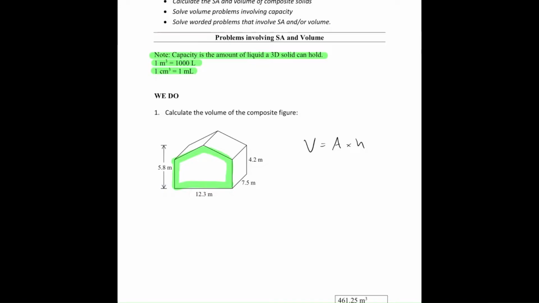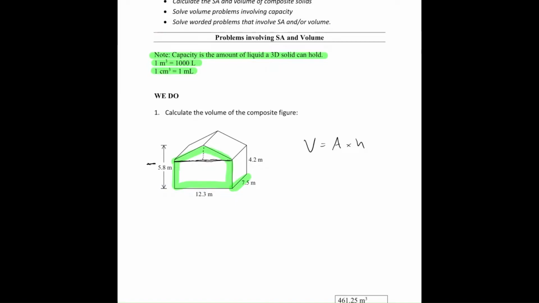We'd find the area of the cross section and then multiply it by the height. We're going to break this shape up into two shapes that we have an area formula for. We've got a rectangle and a triangle.